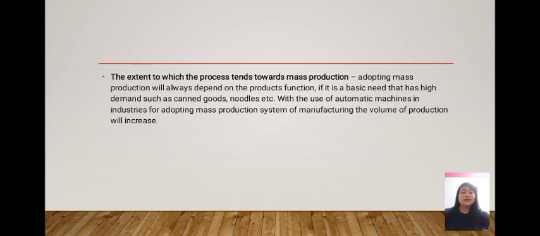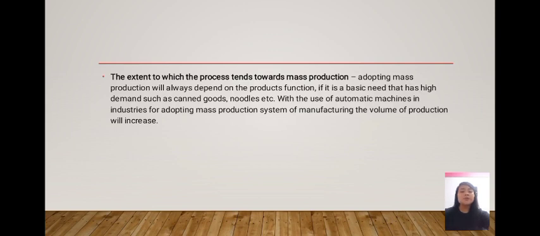And last, the extent to which the process tends towards mass production. Adopting mass production will always depend on the product's function. It is a basic need that has high demand, such as canned goods, noodles, etc. With the use of automatic machines in industries adopting a mass production system of manufacturing, the volume of product will increase.